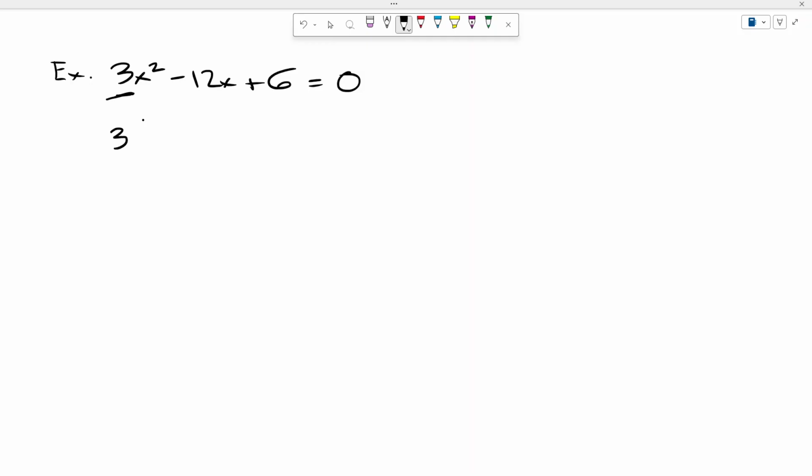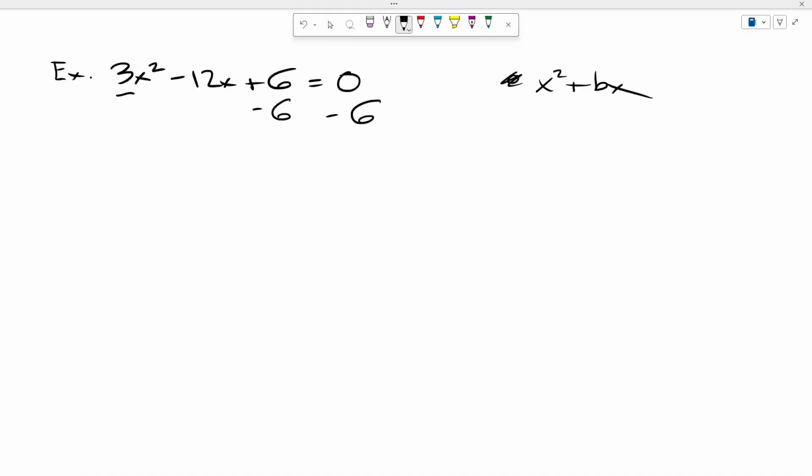So we factor out the 3, then we're left with x squared. And actually, I should say, first things first, sorry. Let's get that like we did with the first one. Get the 6 over first, because remember, for completing the square, we need the x squared plus bx form.